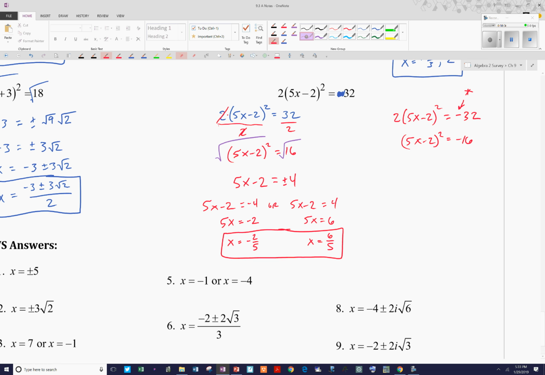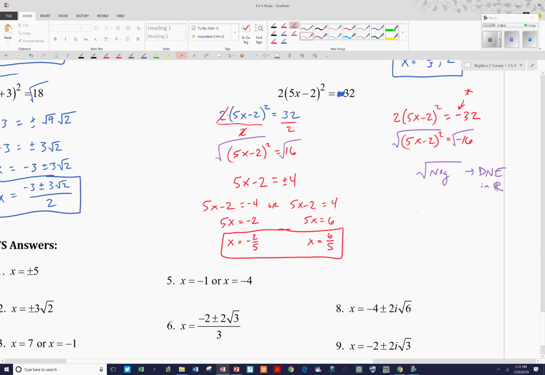Now here's where things get goofy. If you're going to take the square root of both sides to cancel that 2 out, what you need to know is that you cannot take the square root of a negative. The square root of a negative does not exist in the real numbers, which is what we're dealing with right now.